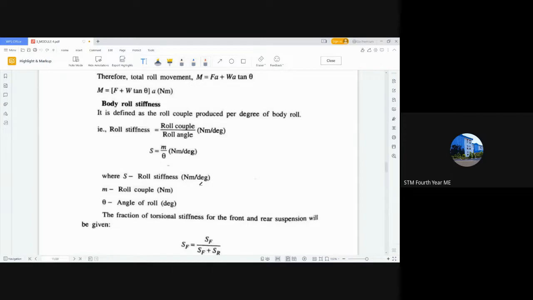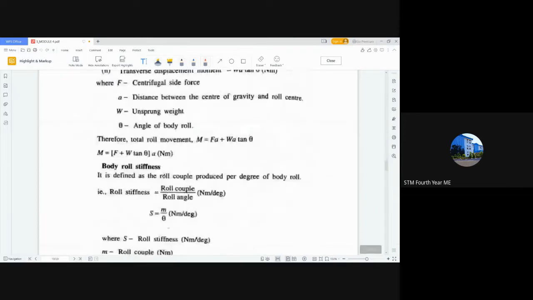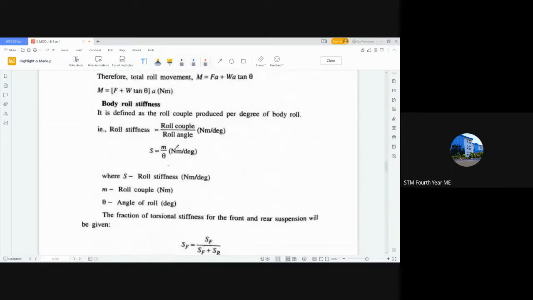When we look at this diagram itself, I have already told you there is an SF here and an SR here, and this S is denoting the stiffness. So the resultant stiffness is what we are terming as S. We have defined the resultant S, and that is roll stiffness, that is equal to M by theta.